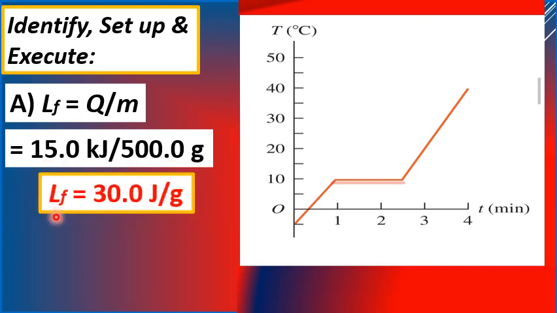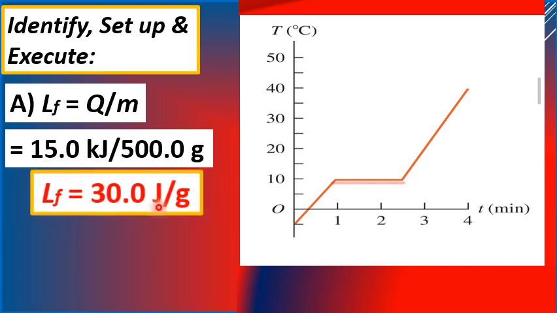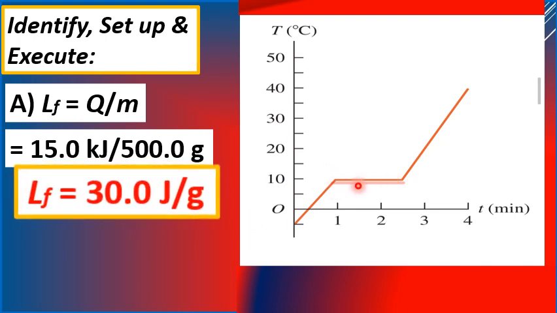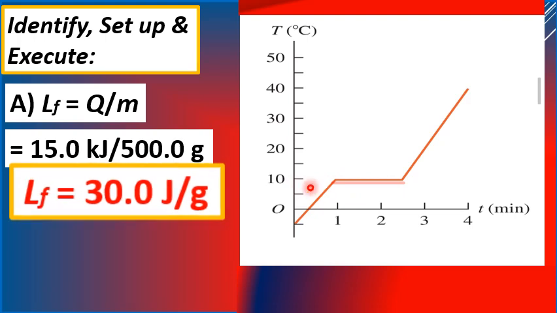That is, L sub F equals 30.0 joules per gram in three significant figures. Again, we emphasize that apparently 10 degrees Celsius is the melting point of this substance.